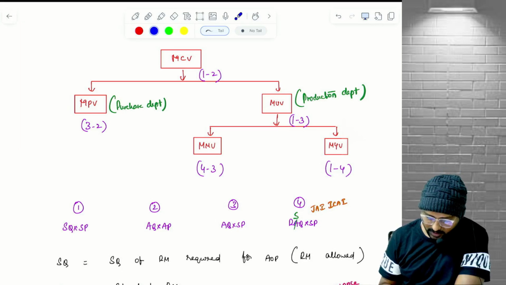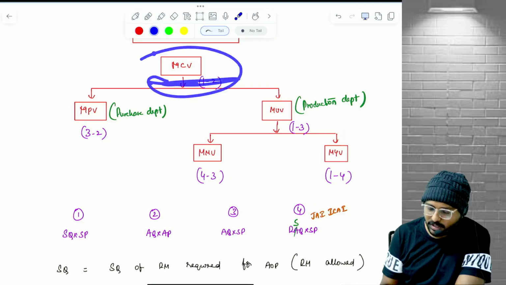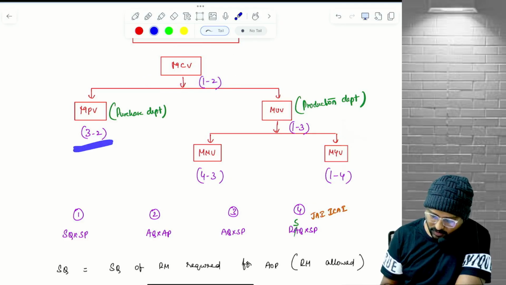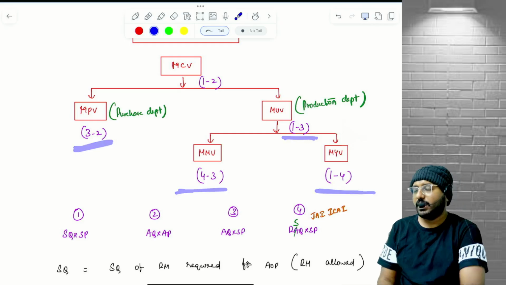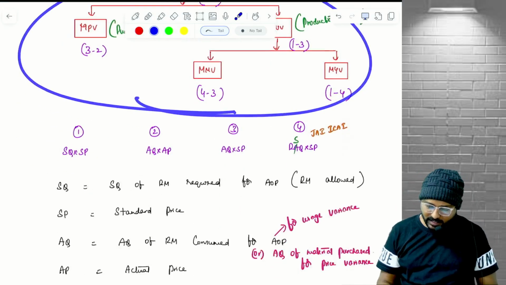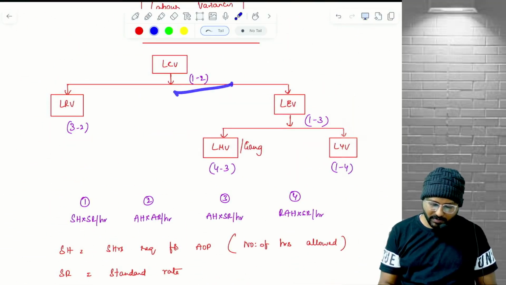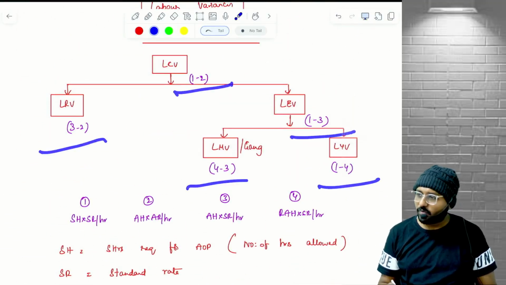Now look at the formula. Material price variance, what is the formula? First we'll start from here. Cost variance, what is the formula? 1 minus 2. Then 3 minus 2. Then 1 minus 3. Then 4 minus 3 and 1 minus 4. Only here you need to memorize it, because once you memorize this, it's going to be the same after that. Here also, what is the formula? 1 minus 2, 3 minus 2, 1 minus 3, 4 minus 3, 1 minus 4.